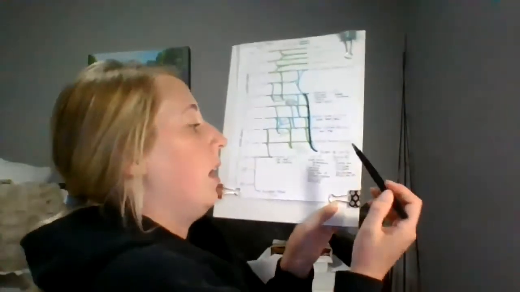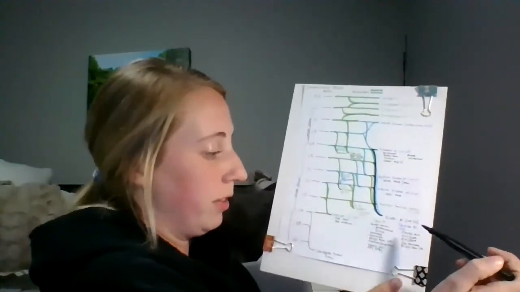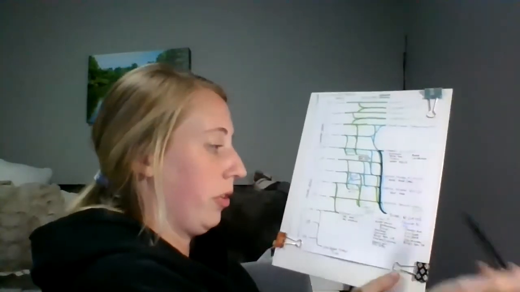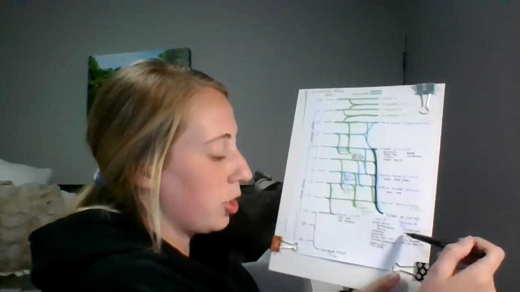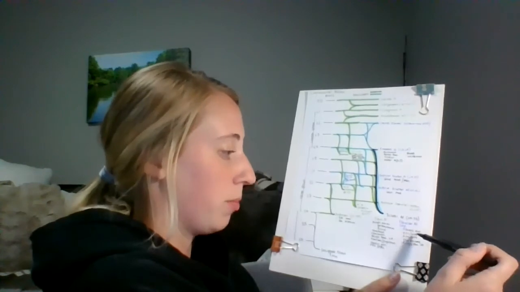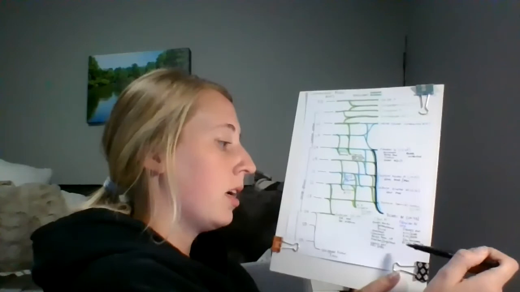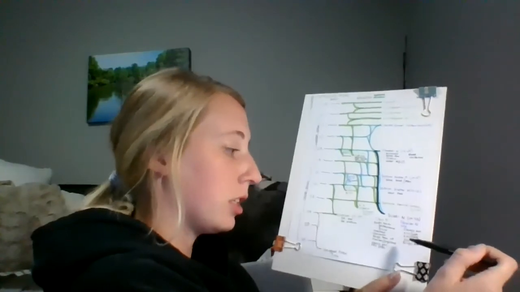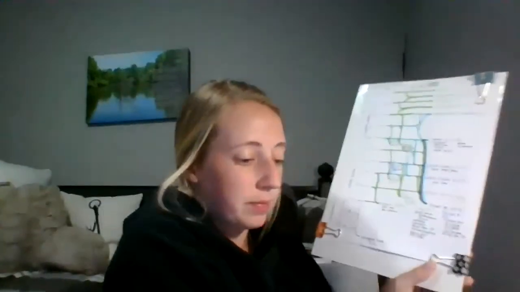So, I'll repeat that part again. The deep branch of the fibular nerve on the sciatic nerve innervates the tibialis anterior, the extensor digitorum longus, extensor digitorum brevis, extensor hallucis longus, extensor hallucis brevis, fibularis tertius, and the biceps femoris short head.